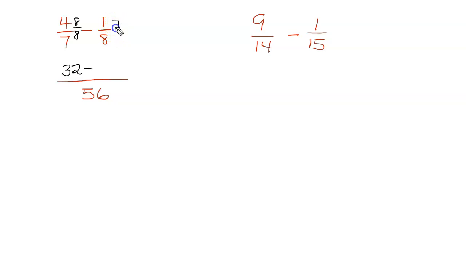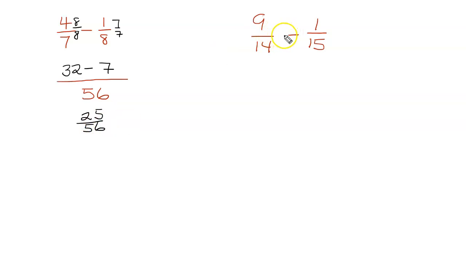Well, this is going to be 7/7. That's 1. And now our denominator becomes 56, and our numerator becomes a 7. So now we have a common denominator. We just do our numerators, and this gives you 25/56.